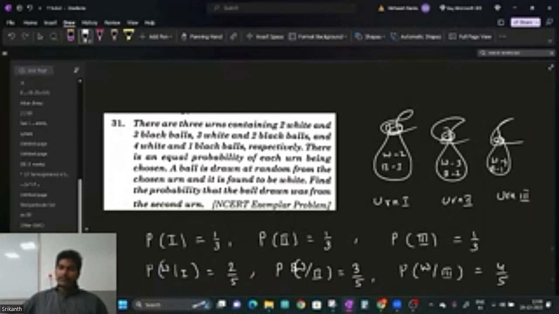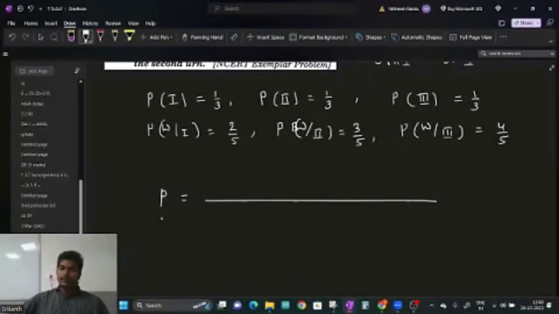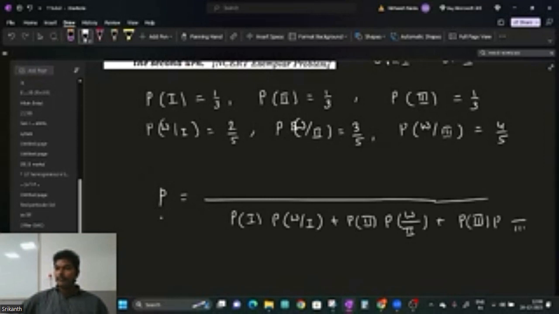Okay. Now the required probability, Bayes theorem is very easy. The required probability P is equal to, in the denominator, the total should be mentioned. Selecting the first arm and drawing a white ball from there, plus selecting the second arm and drawing a white ball from that, plus selecting the third arm and getting a white ball from that.